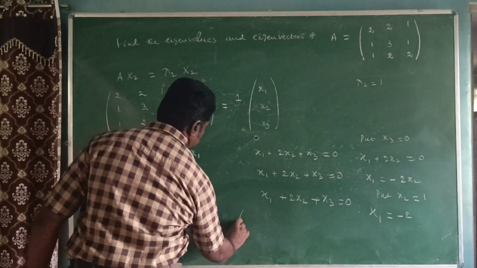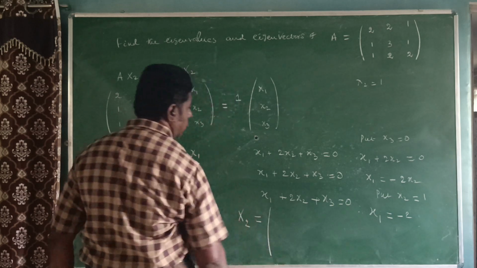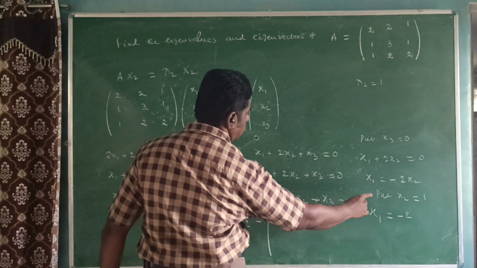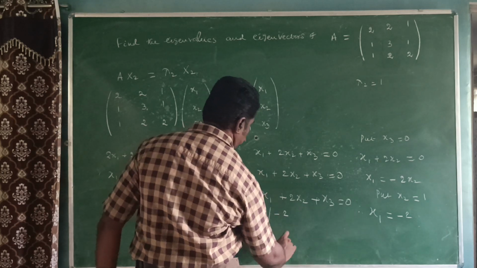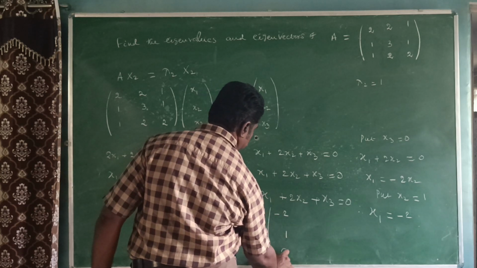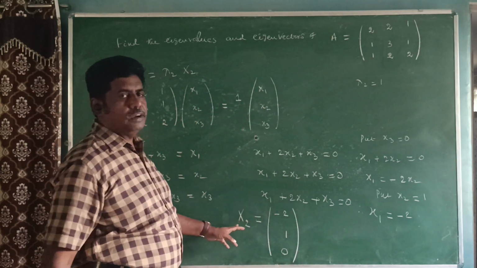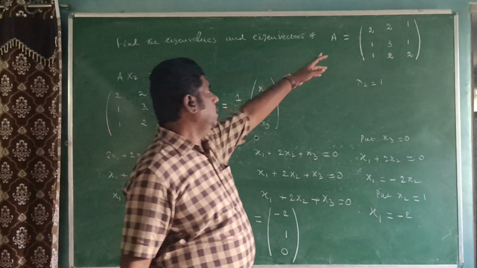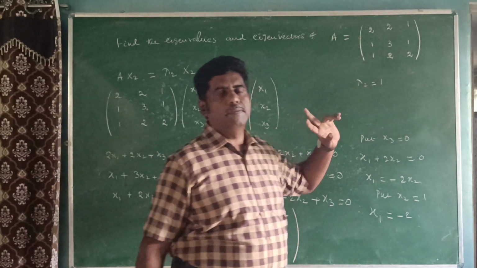Now, the second vector becomes: the value of x1 is minus 2, the value of x2 is 1, x3 is 0. This is a characteristic vector of the matrix A corresponding to the eigenvalue of 1.